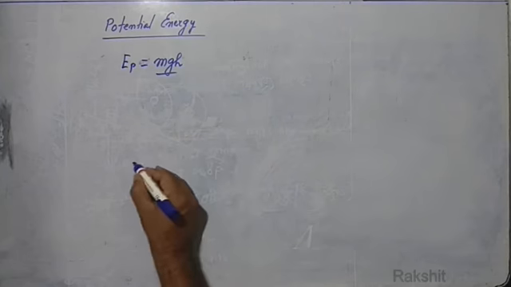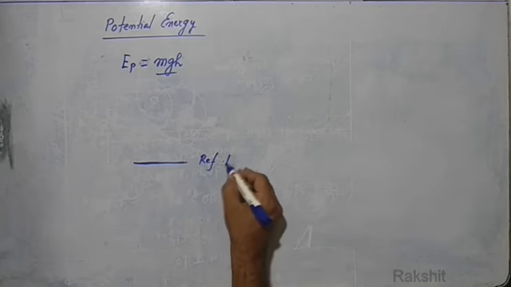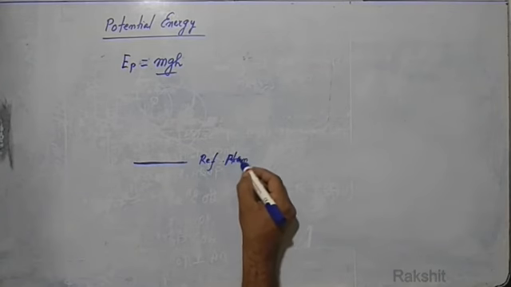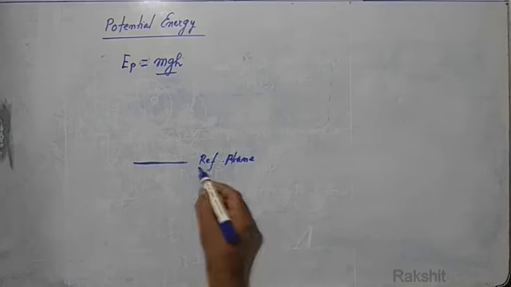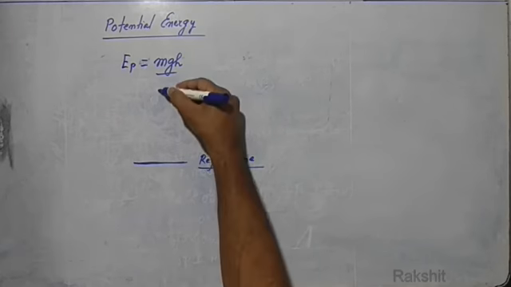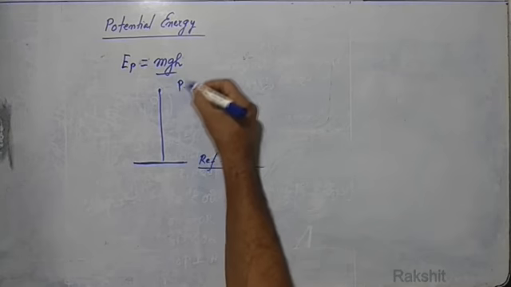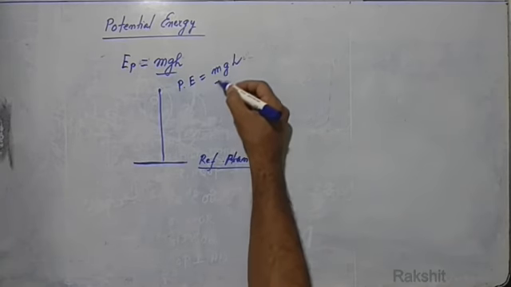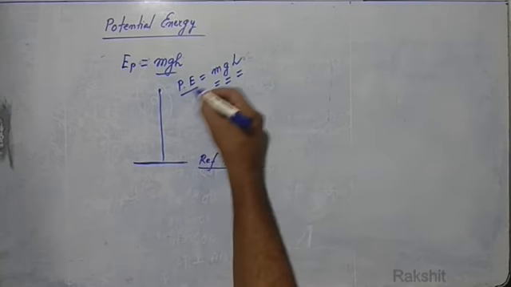Now if this is the reference plane, ground level, at a height h, the potential energy is equal to mgh. m is positive, g is positive, and h is also positive here. So potential energy is positive.